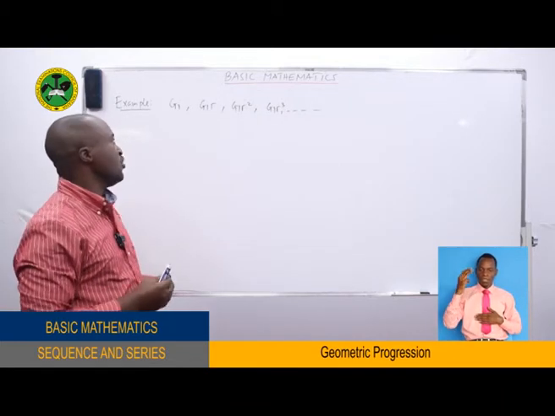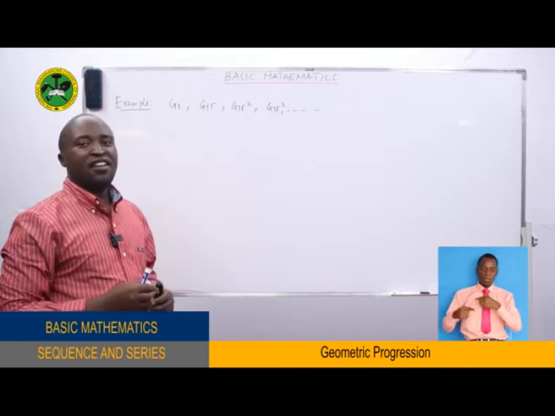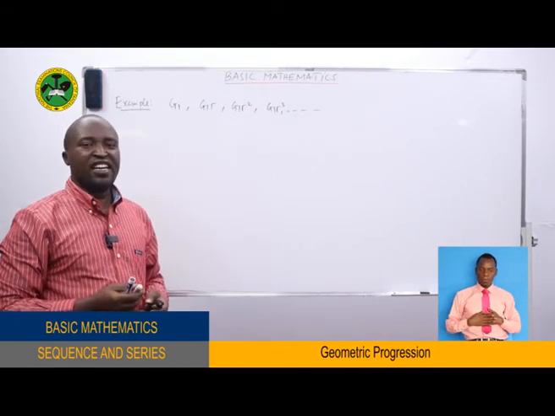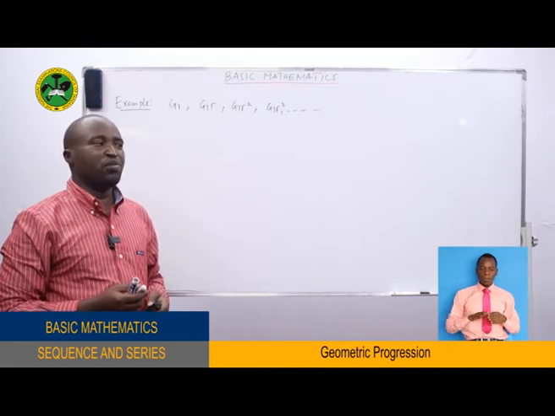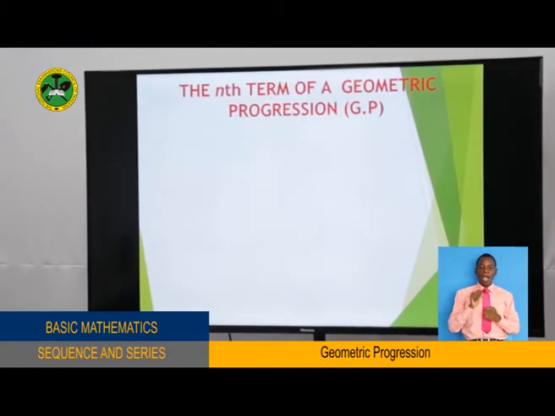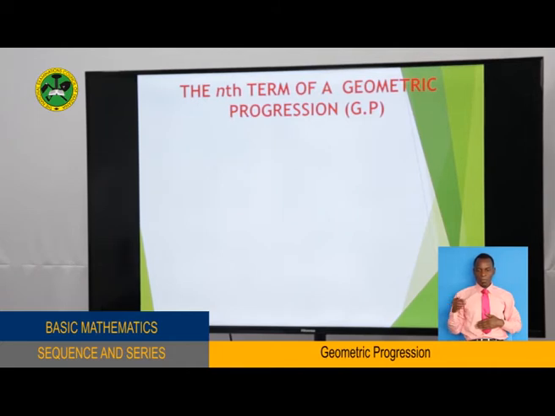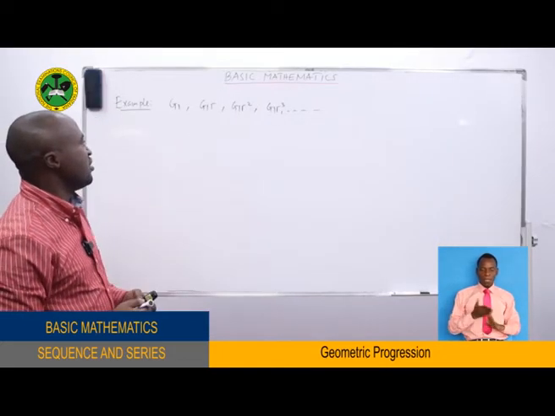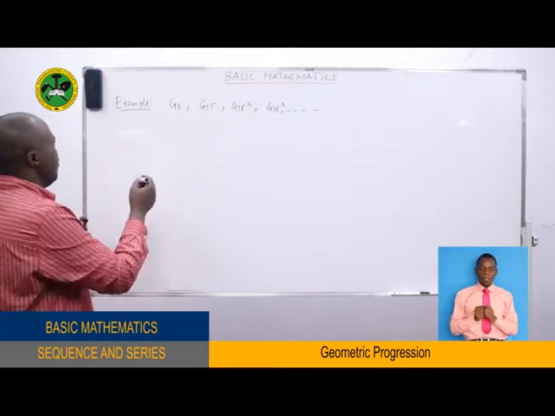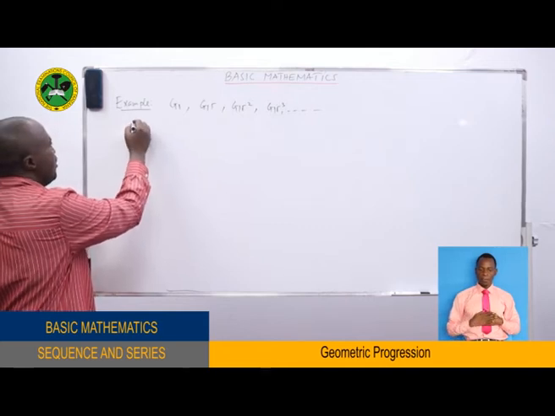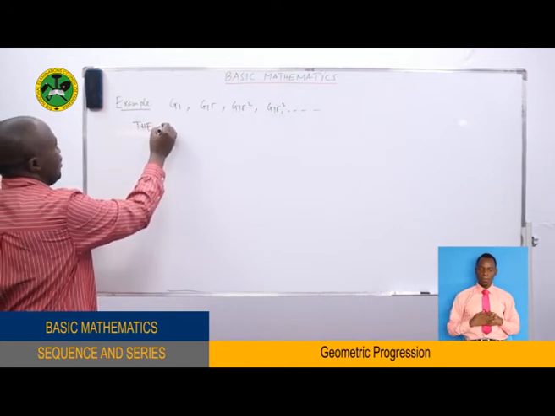Now, dear student, we can use these terms that are in geometric progression to derive the nth term of the geometric progression. So this time we are going to derive the nth term of the GP. Now let us arrange these terms vertically this way.